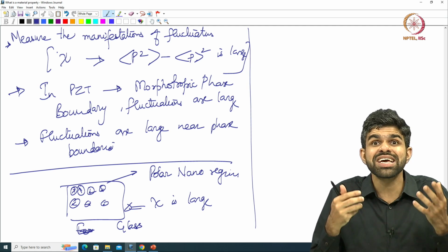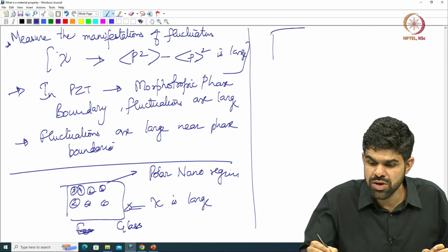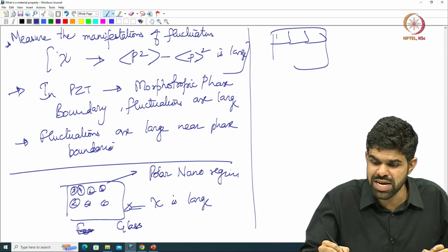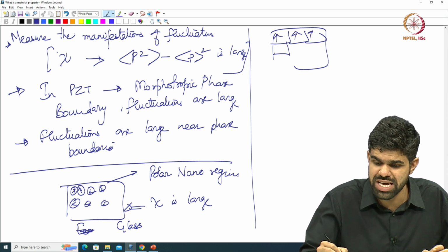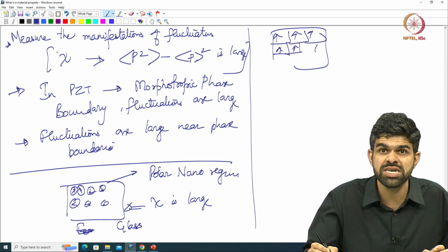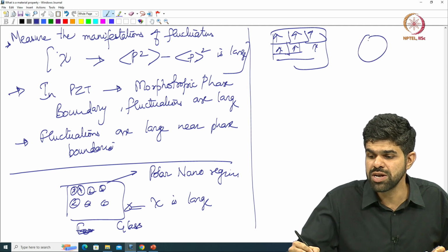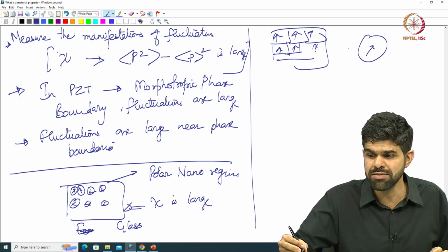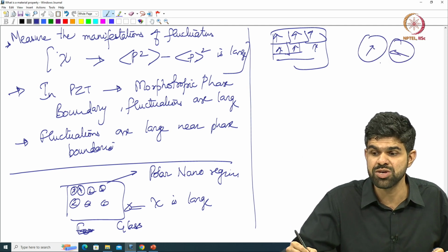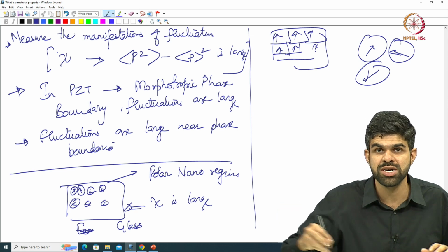So it looks like a glass, it is not that every part has the same polarization. It is not a crystalline-like polarization arrangement, whereas one part has some medium range order, second part has some other medium range order, third part has some other medium range order, and so on and so forth.